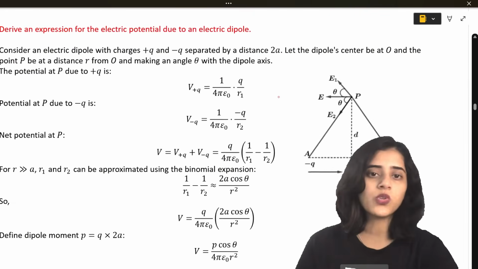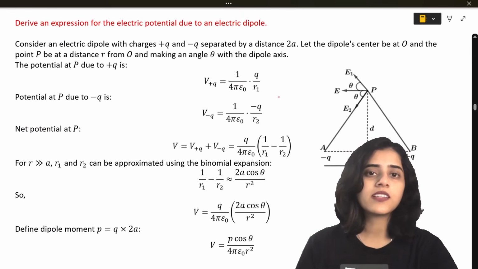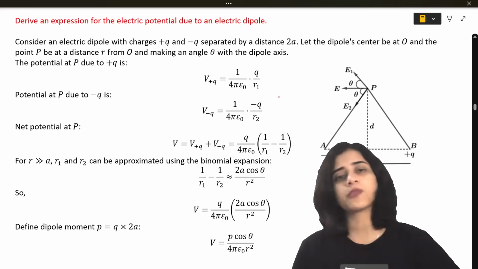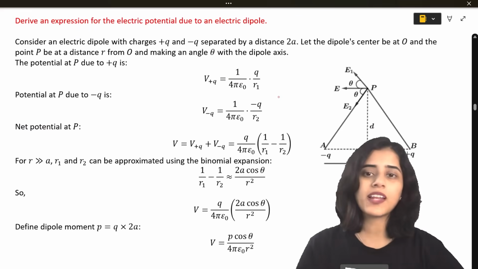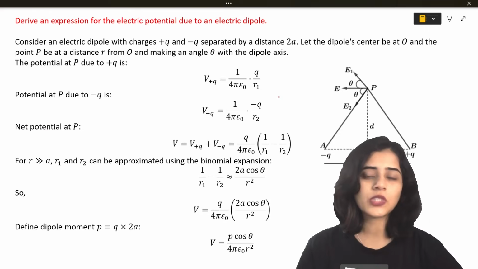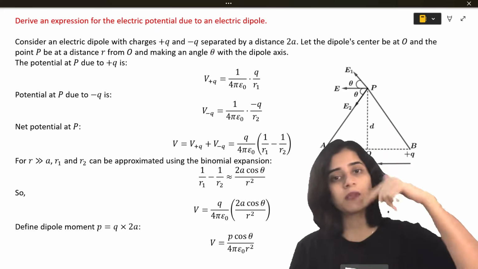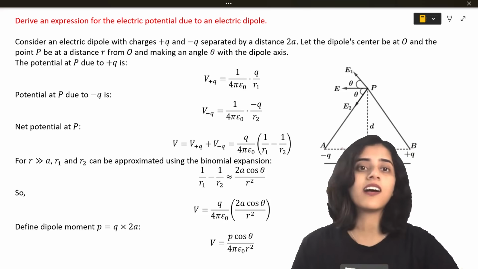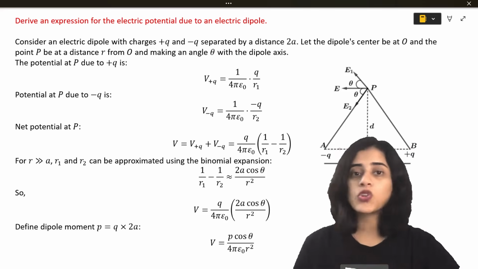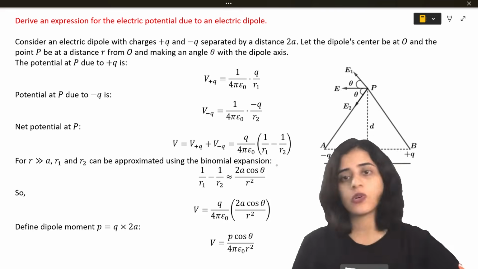Next, derive an expression of electric potential due to an electric dipole. So here we have to derive an expression for electric potential. Similar thing can be done for electric field due to an electric dipole on the equatorial line.